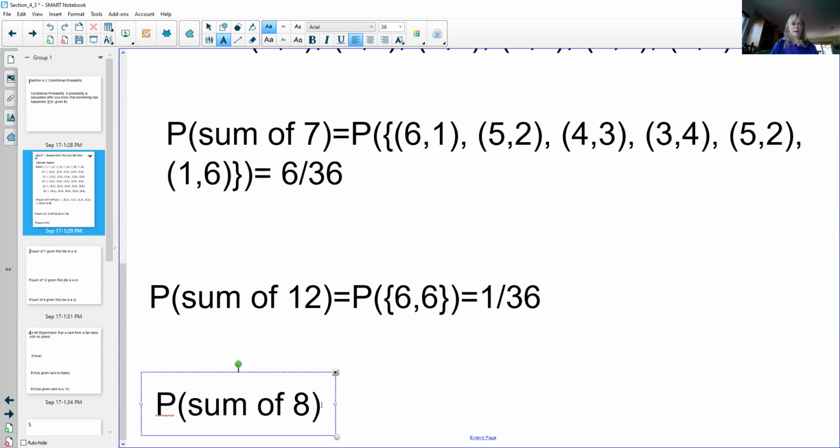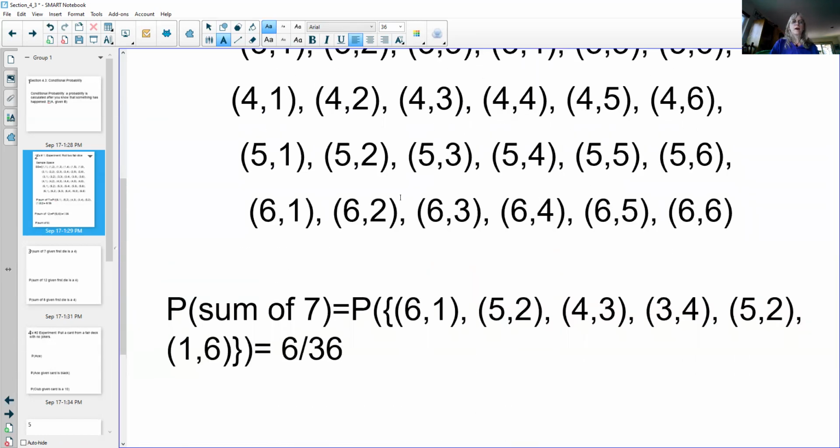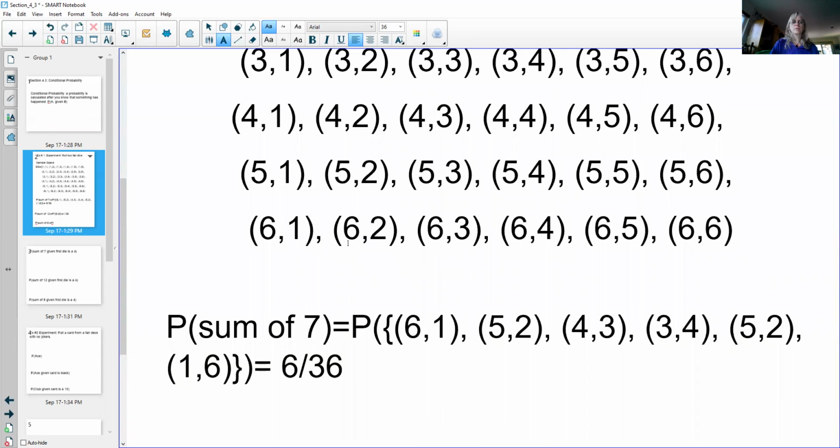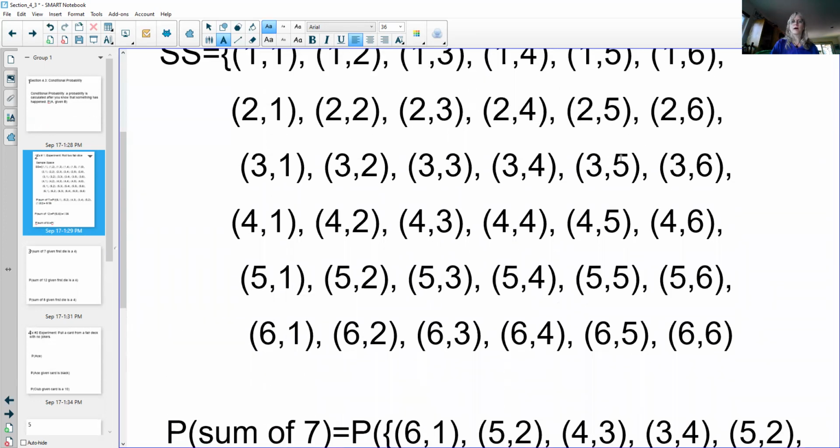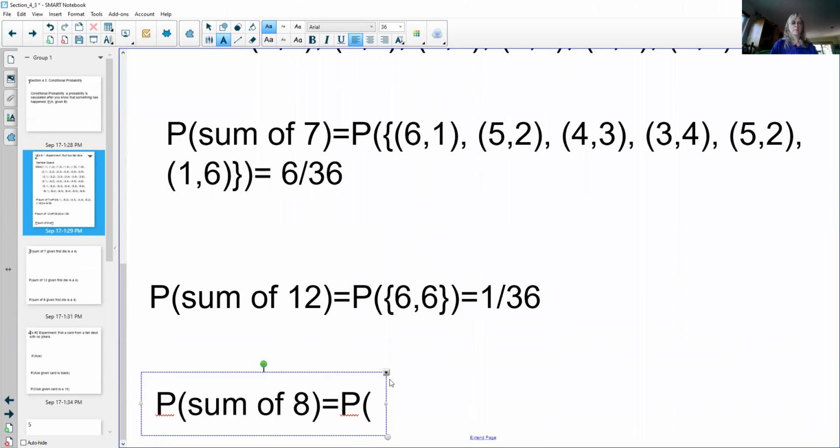And then the same thing with the 8. Find 8 over here. So 6,2 is a way to do 8. Then 5,3; 4,4; 3,5; and 2,6.